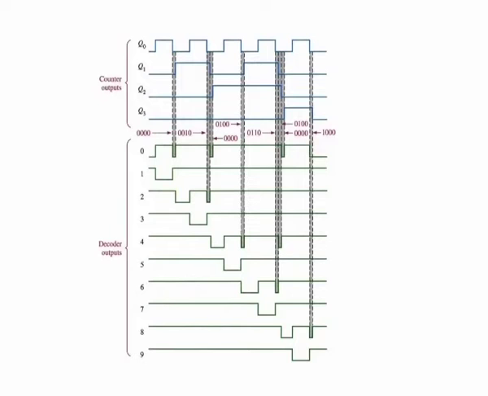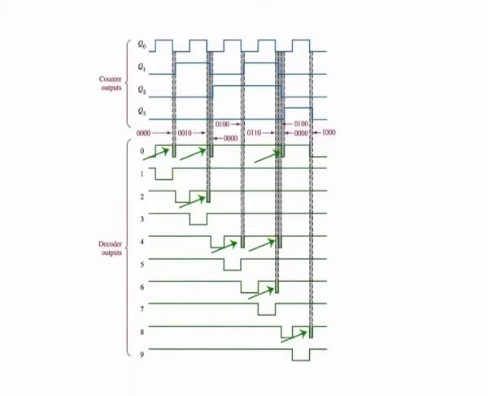Notice that these delays can cause false states of short duration. The value of the false binary state at each critical transition is indicated on the diagram. The resulting glitches can be seen on the decoder outputs.